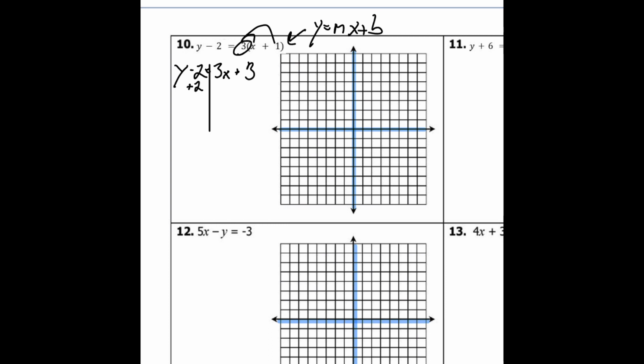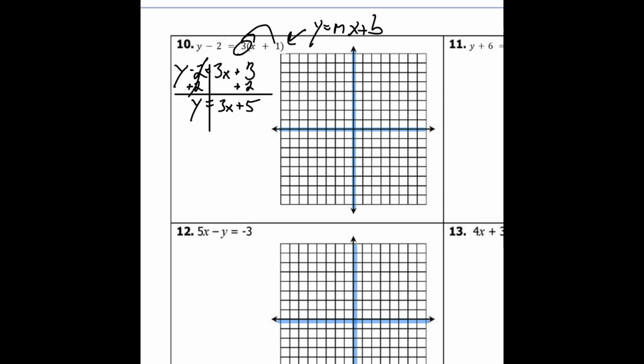And what I do on one side of the equal sign, I am going to do to the other side of the equal sign. On the left-hand side of my equal sign, the 2's are going to cancel each other. I'm just left with y. I have my equal sign, and then on the right side of my equal sign, I have 3x plus 5.